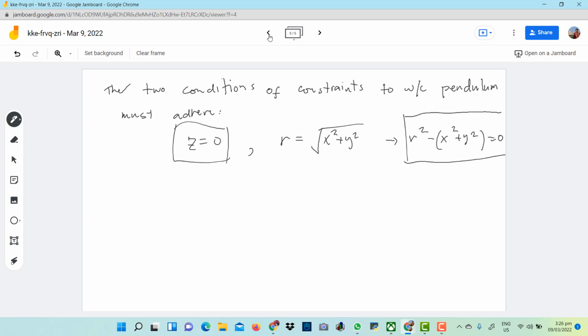So a better choice would be the arc length displacement. We have S equal to R times theta.